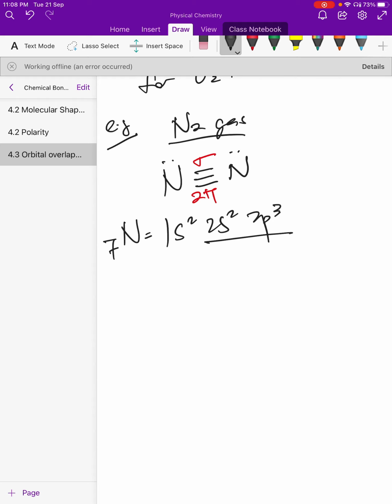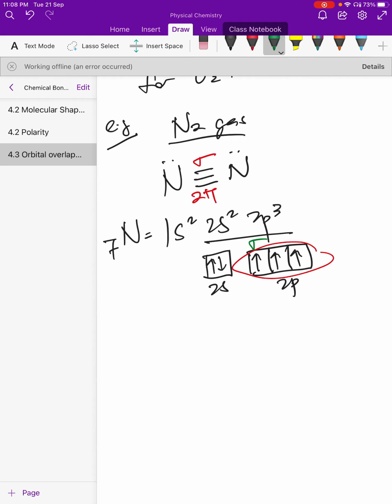We just focus on the valence, that is 2s and 2p. 2s has paired electrons, 2p has 3 unpaired electrons. Based on valence bond theory, these are the electrons we are going to use for overlapping. The first one we use for sigma, the second one we use for the first pi, the third one we use for the second pi. Both nitrogens, left and right, are the same.